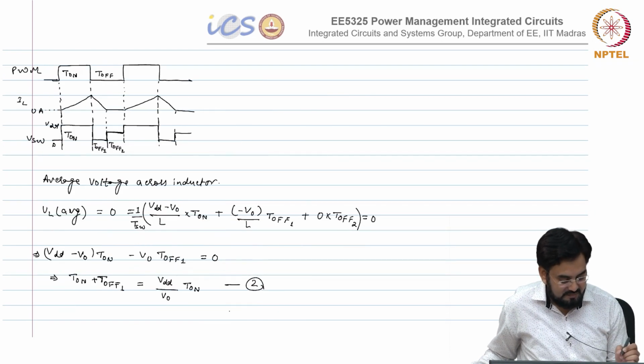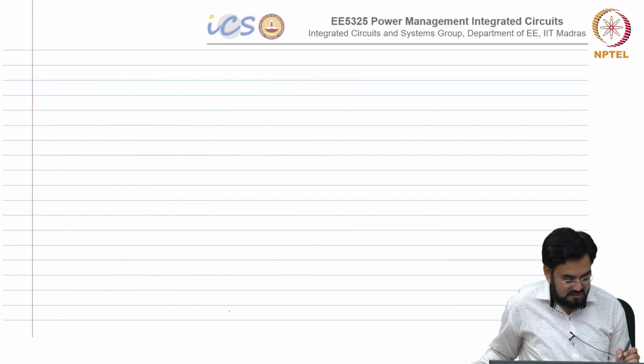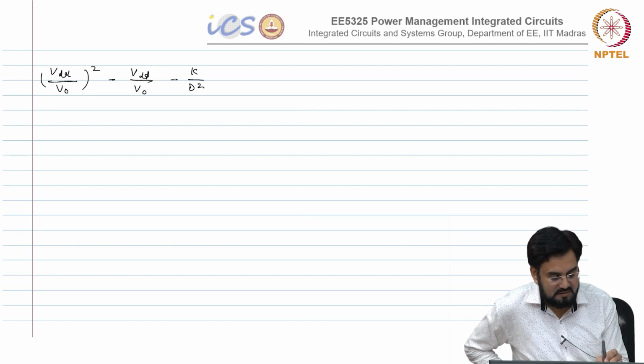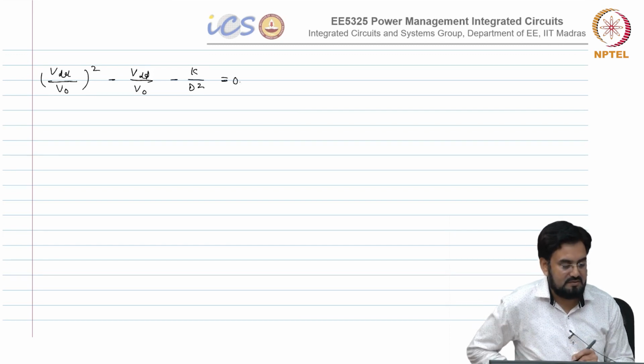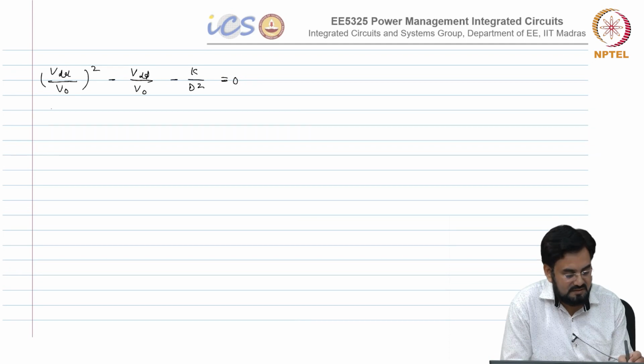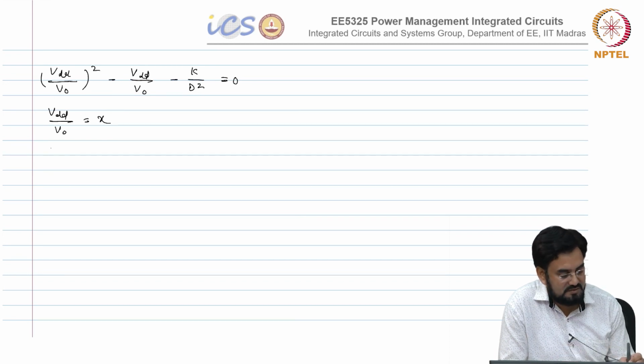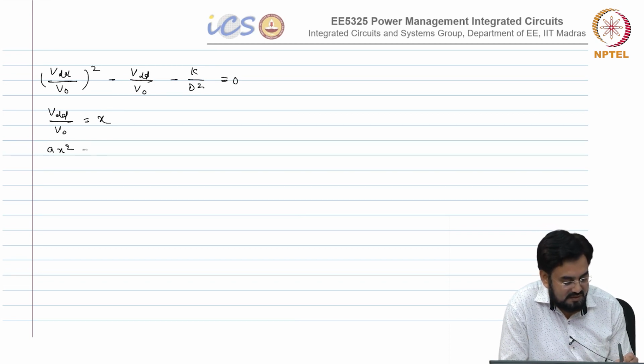So it will become K over D square equal to 0. So it is nothing but VDD over V out equal to x. So x square plus bx plus c.